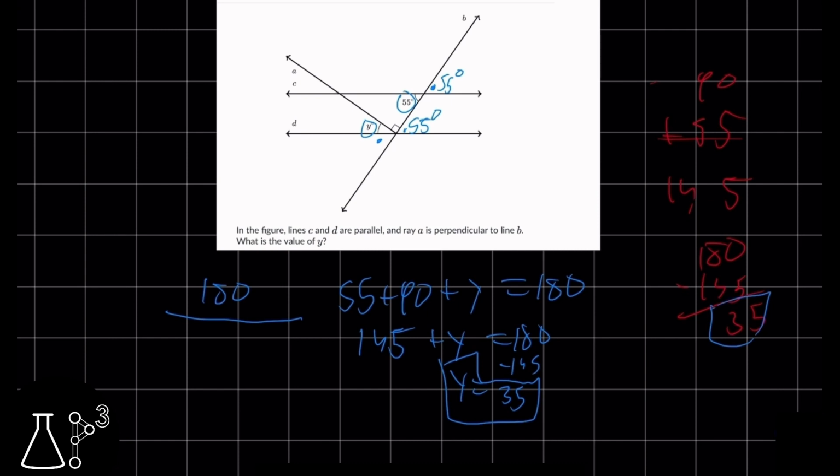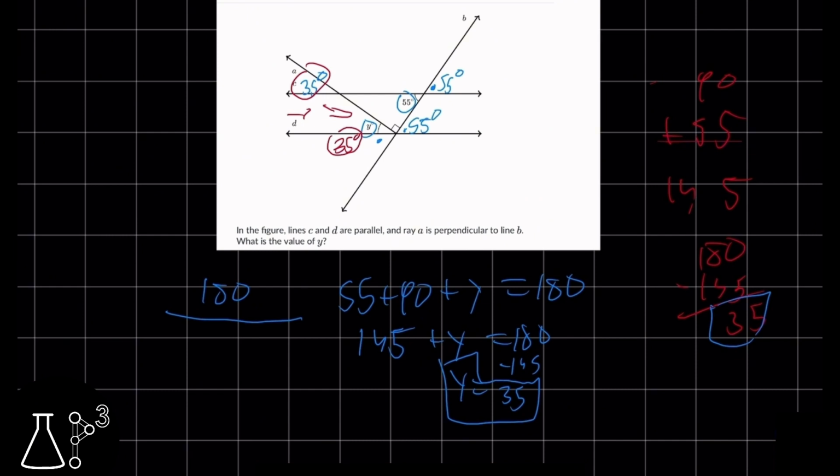We talked about alternating interior angles. The other way you can figure out the answer is that because they're alternating interior angles, they're the same: if 35 is up here, this angle right down here will also equal 35. So there are two ways to figure out the answer. You can use the 55, or you can solve for the right triangle and get 35.